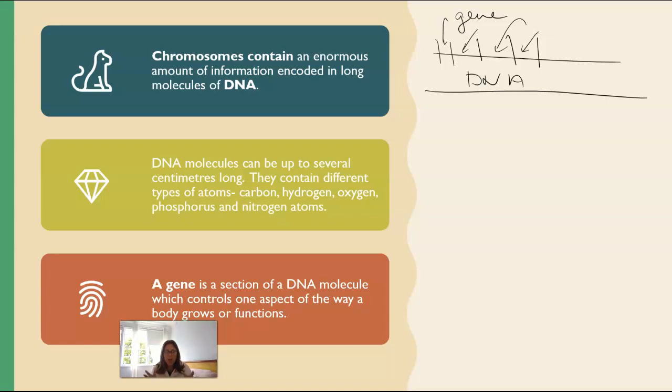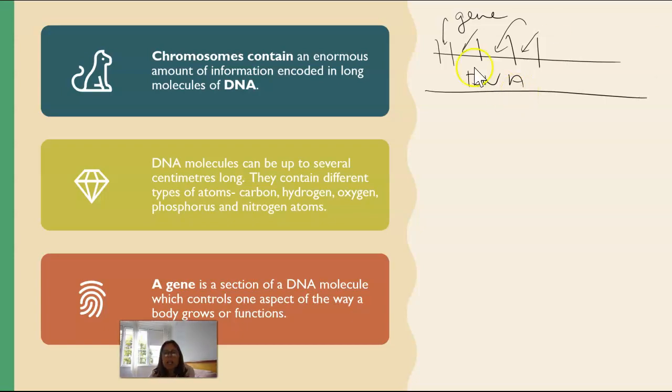So our DNA is condensed into long strands called chromosomes, and each little section on our chromosomes is called a gene. So, first point, chromosomes contain an enormous amount of information encoded in long molecules of DNA, and down the bottom, a gene is a section of DNA molecule which controls one aspect of the way the body grows or functions.